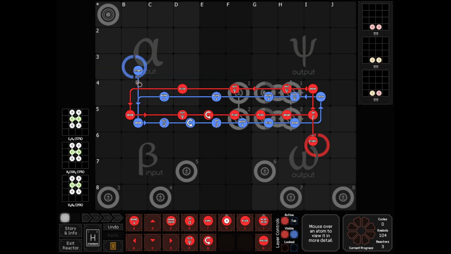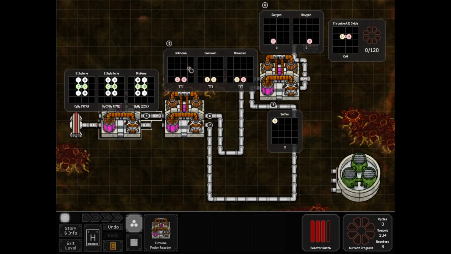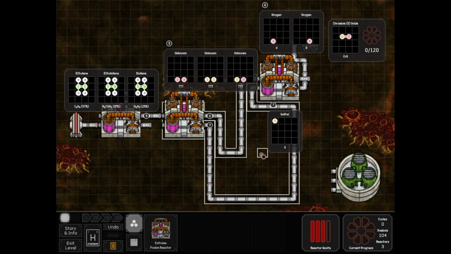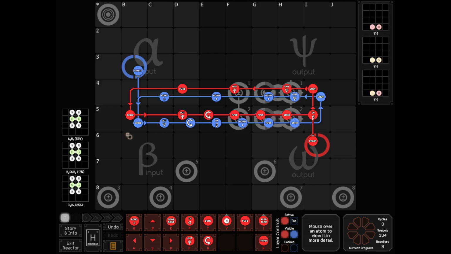I think the first reactor is just fast enough that it can always keep up with whatever the second reactor needs. The second reactor is really the bottleneck here. I am surprised you can't output the oxygens one tile to the left, both of them. Surely it would be faster.